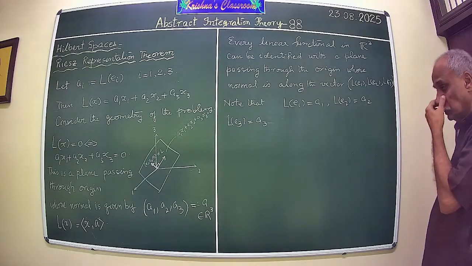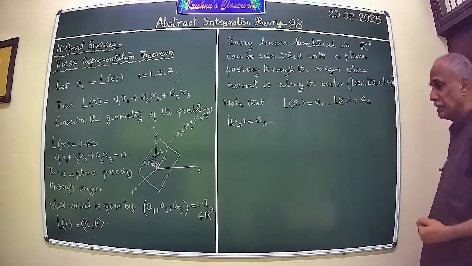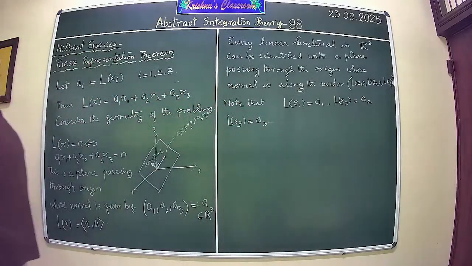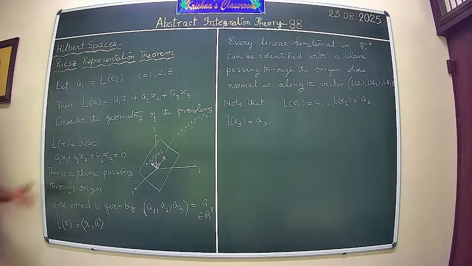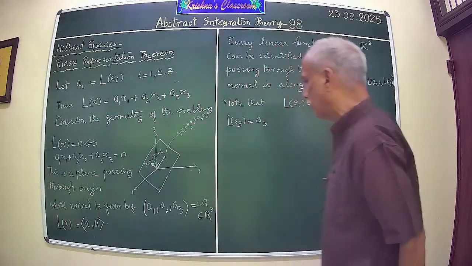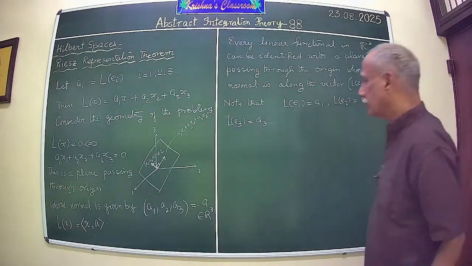So Lx equal to constant is what? Lx equal to constant is a plane parallel to this plane. So this is a unique plane that is identified. Okay. So Lx equal to constant.